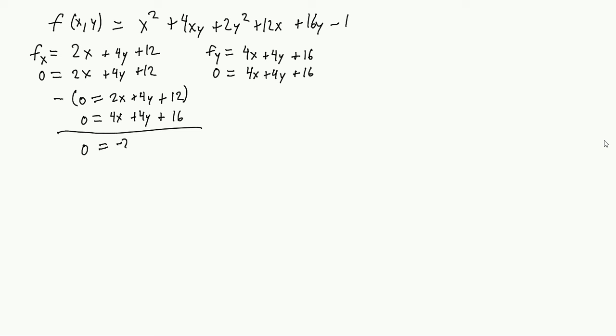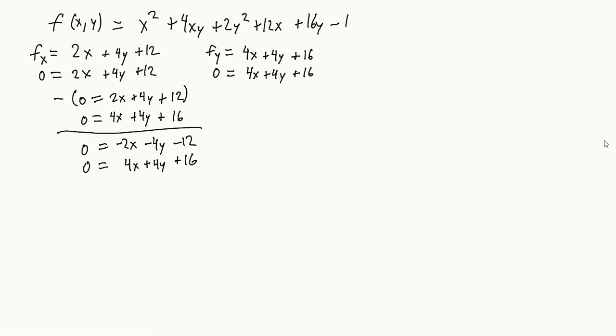Negative times 2x is negative 2x. Negative times 4y is negative 4y. Negative times 12 is negative 12. I'm not doing anything to the other equation, so let's just bring it back down. Look at my y's again. I've got the same coefficient, 4, but opposite signs. One of them is positive, one of them is negative. That's what you want to happen.